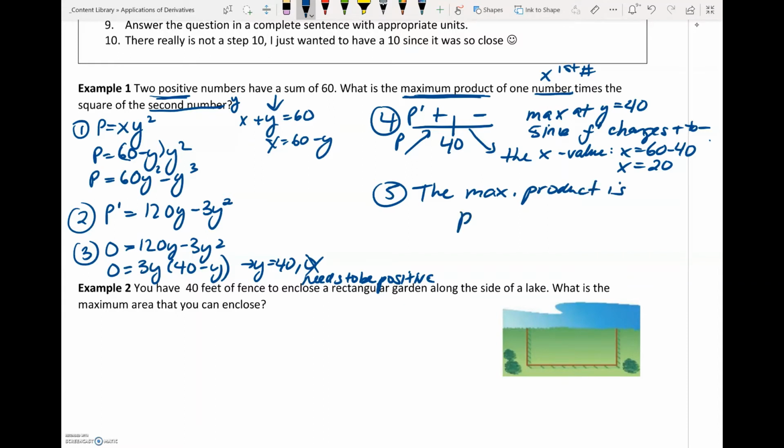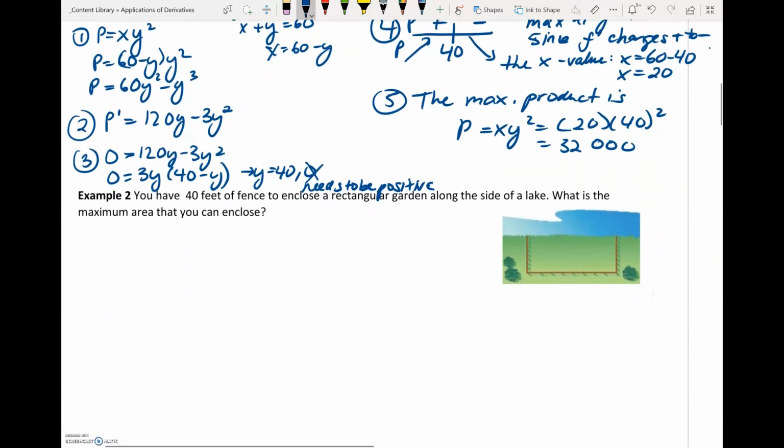Maximum product is P equals x times y squared. x we found was 20, y we found was 40. This altogether is 32,000. That's our maximum product.